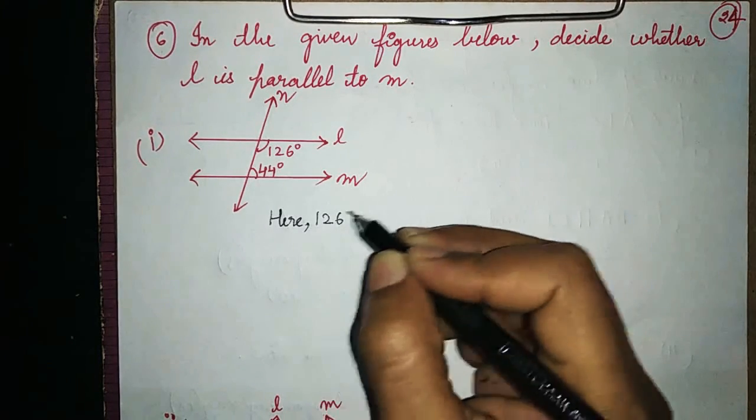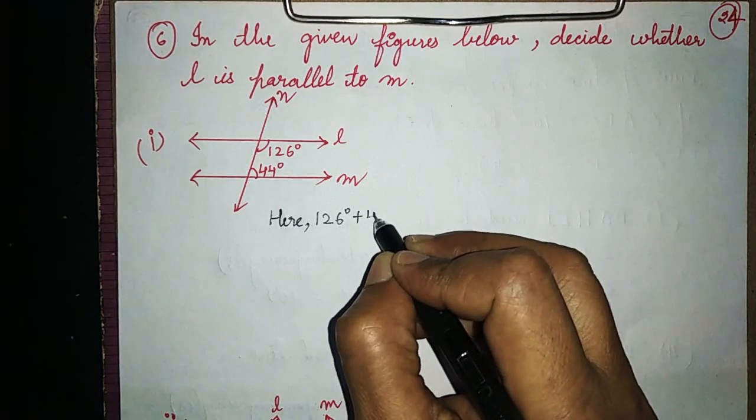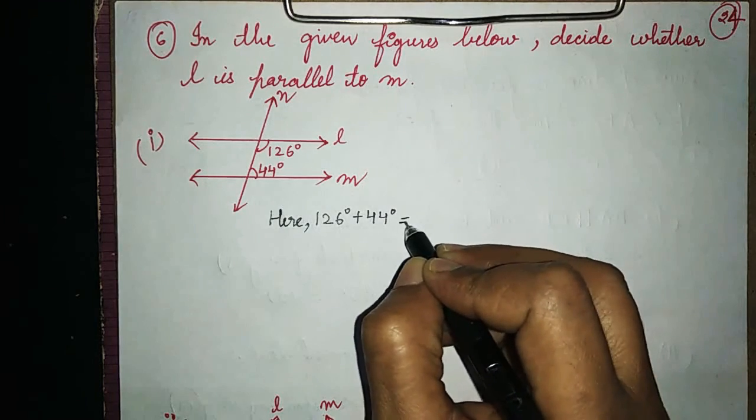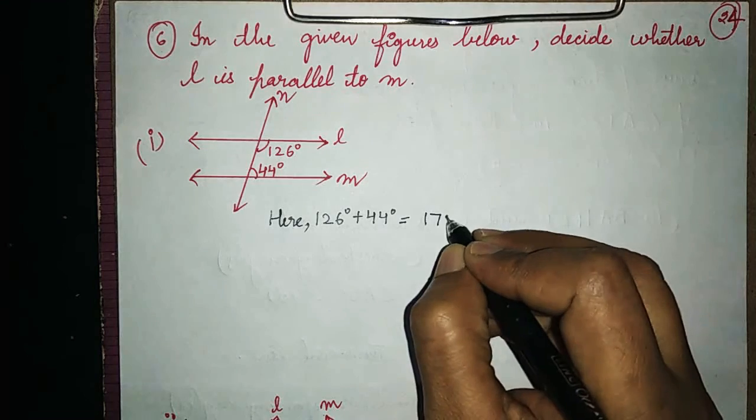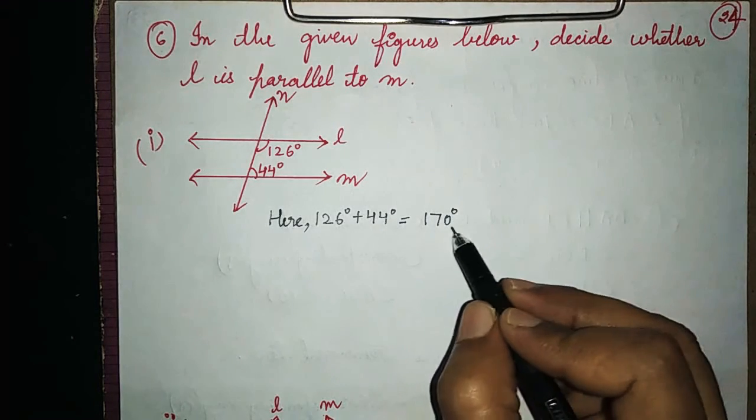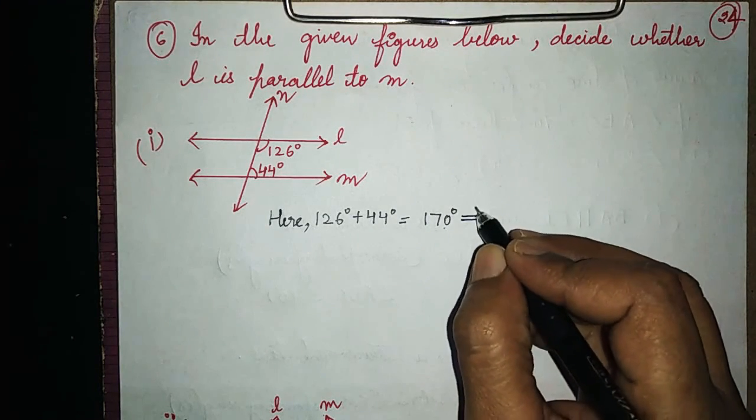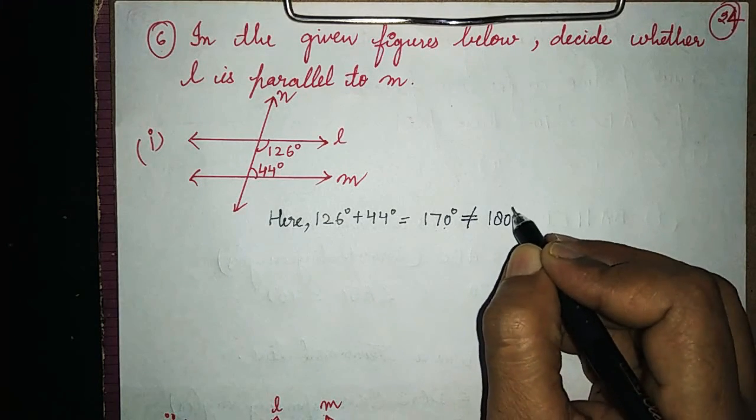Here 126 degree plus 44 degree is equal to 170 degree, and this 170 degree is not equal to 180 degree.